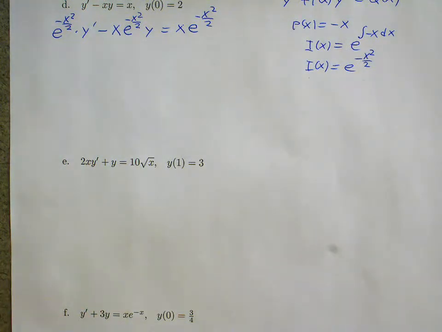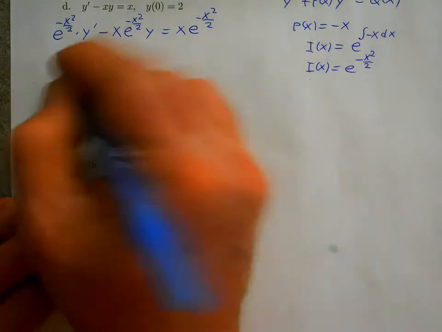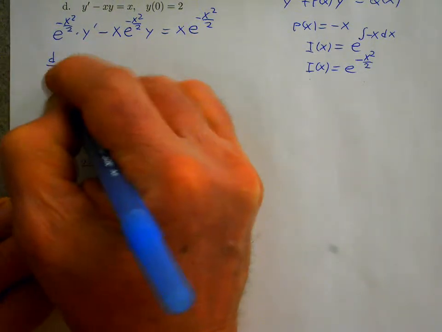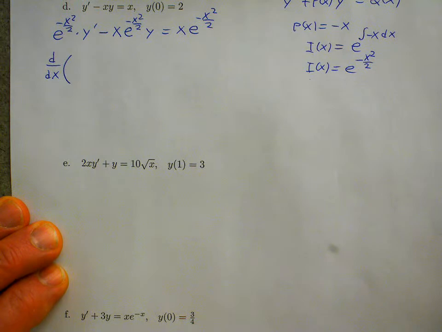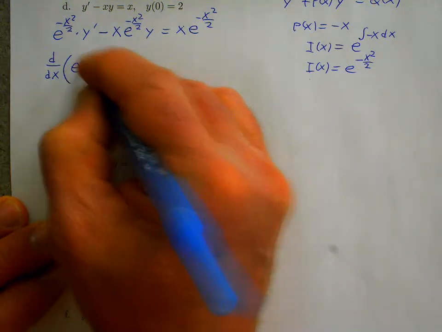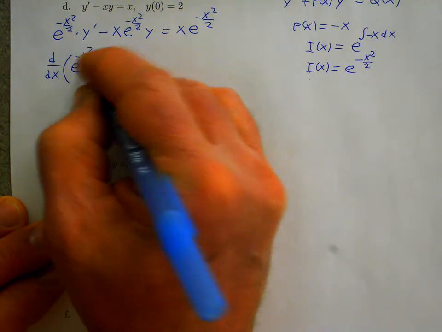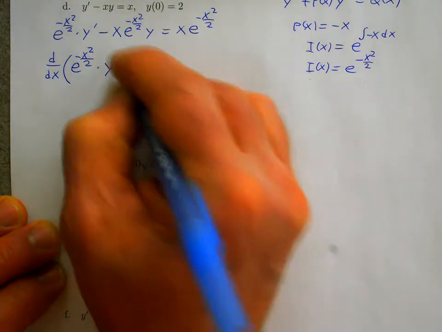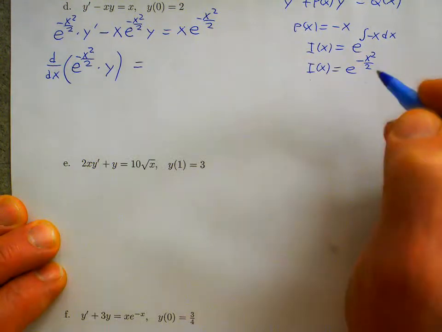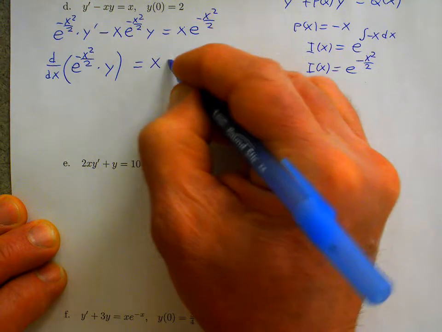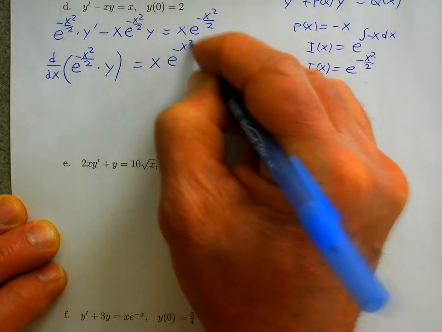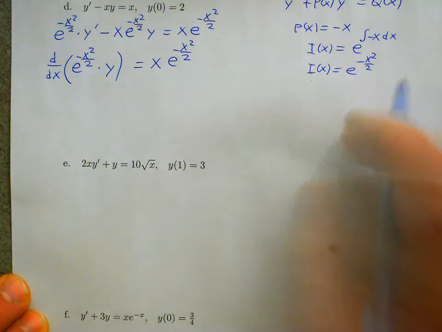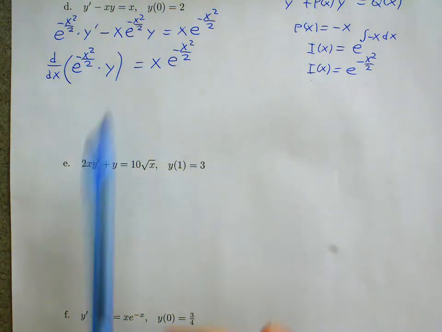So the left-hand side is the derivative of e to the negative x squared over 2 times y. So we can always verify.